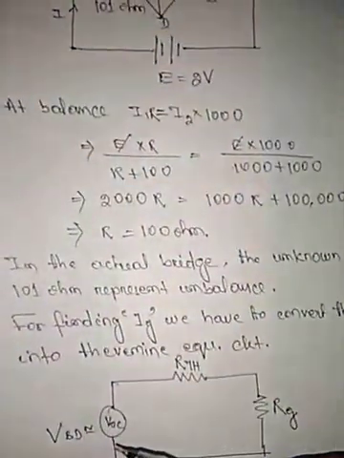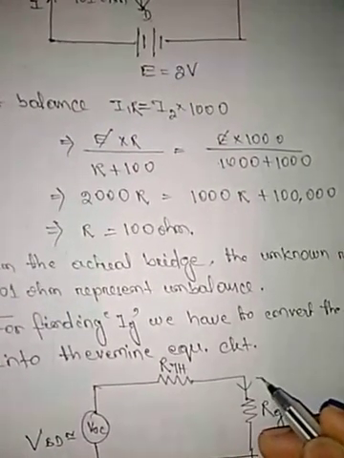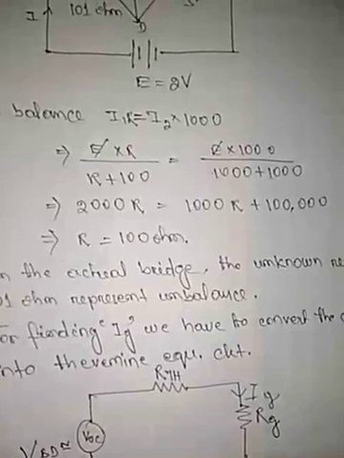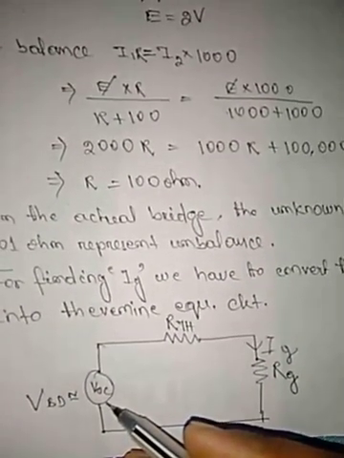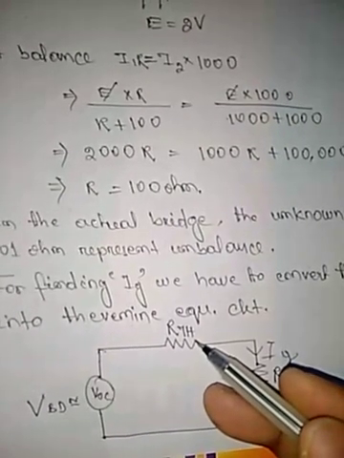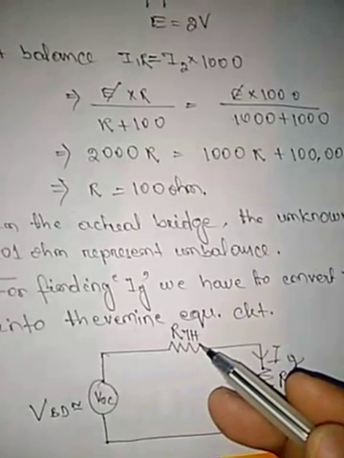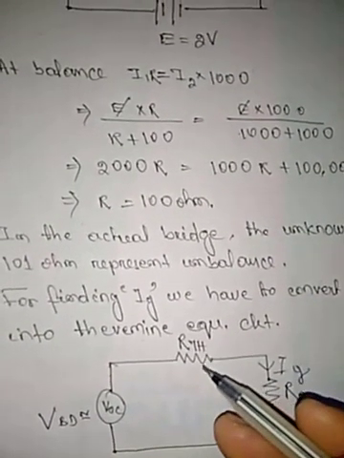So first we calculate how much current is flowing through the galvanometer. First we find this Thevenin equivalent voltage, then the Thevenin equivalent resistance, that is the total internal resistance of the Wheatstone bridge.